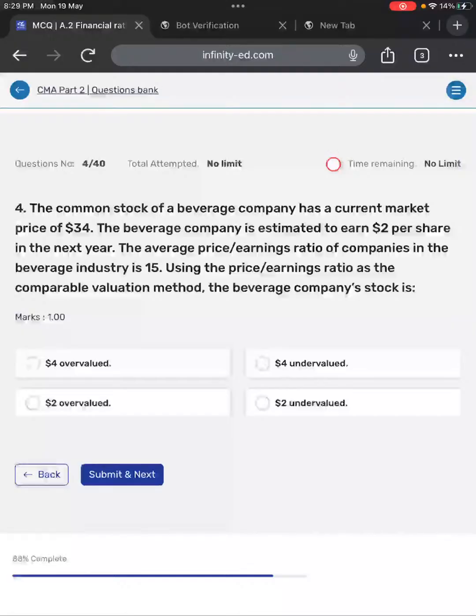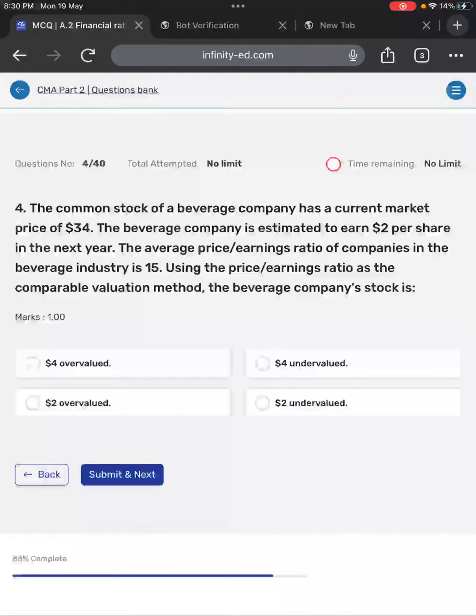The common stock of the beverage company has a current market price of 34. The beverage company's estimated earnings per share is 2. The average price earning ratio of companies in the beverage industry is 15.